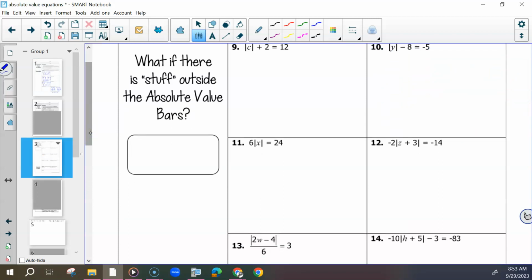Okay, so all the problems we just did had nothing outside of the absolute value bar, so we didn't have to isolate it. But now we do. So we're going to isolate the absolute value bars.